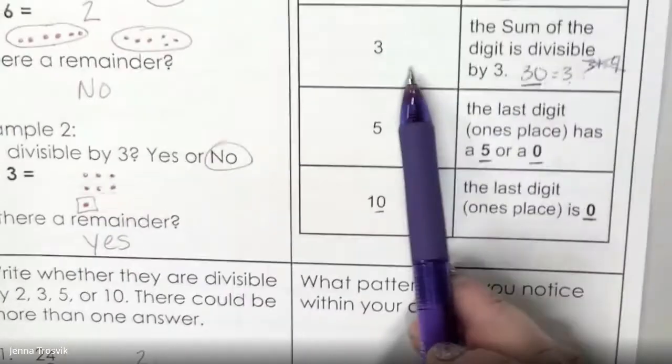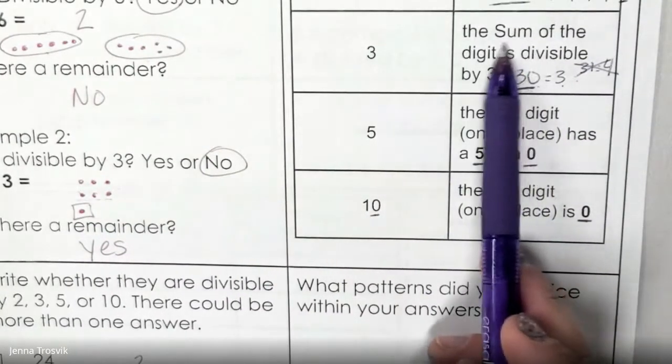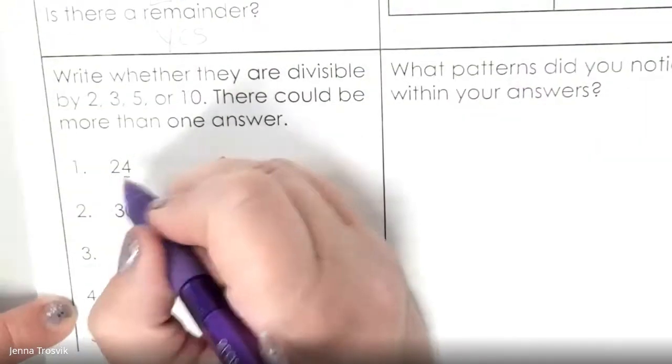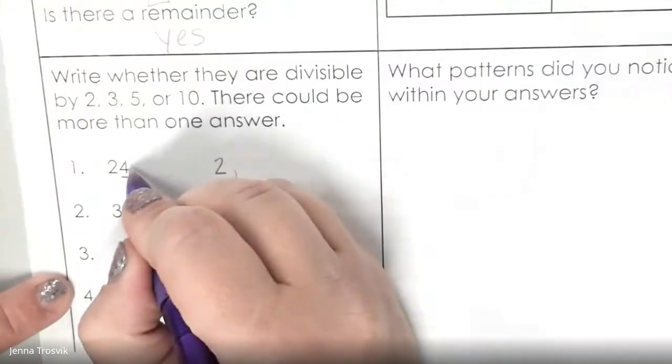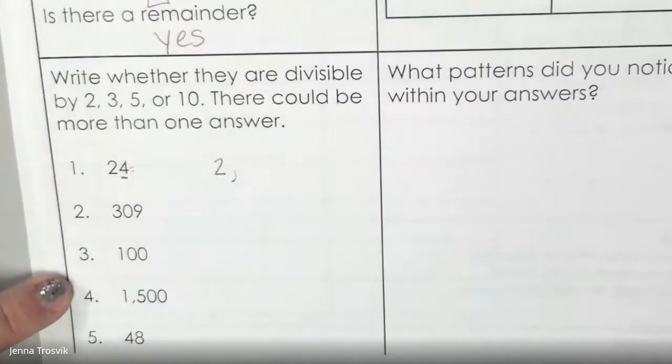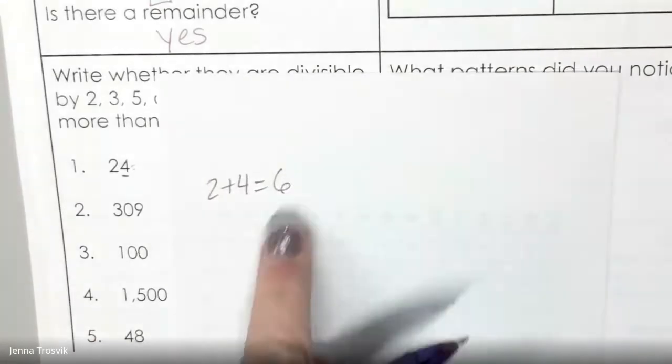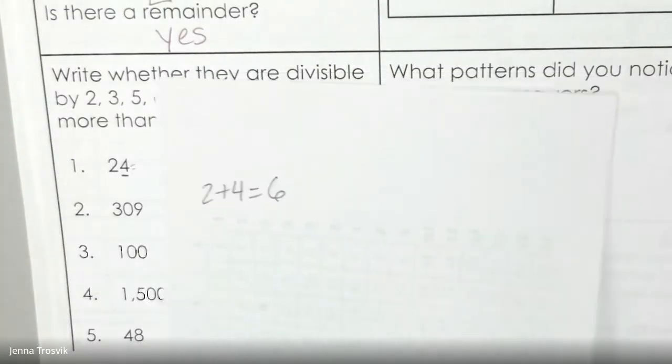Our next one we're going to check is 3. That means we have to take the sum of the digits. 2 plus 4 equals 6, and 6 is divisible by 3.